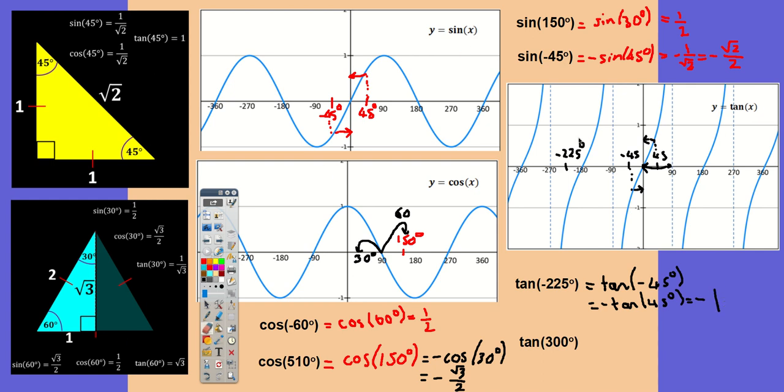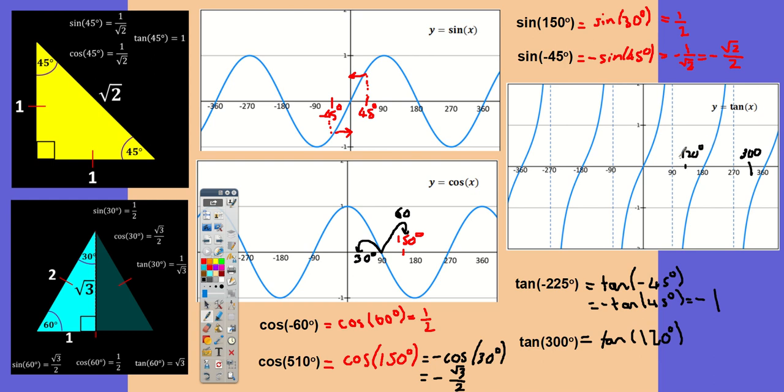Okay, tan of 300, that's quite far off to the right, so I'm going to put 300 on over there. We're trying to get close to the middle, so I want to subtract 180 degrees. So that's tan of 120, that's the same. 120 is about here.